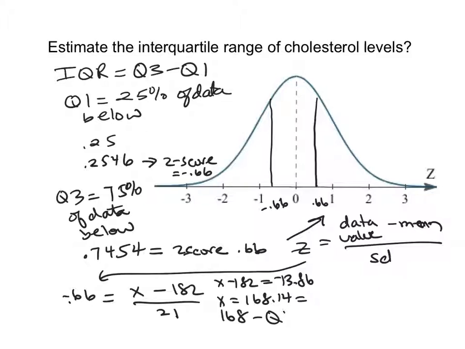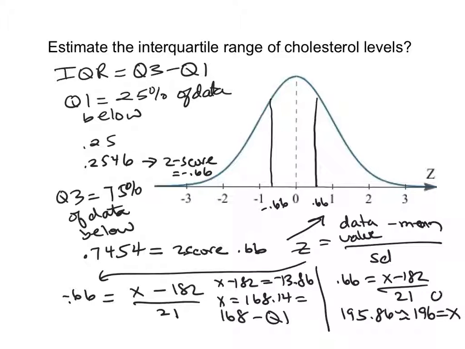So this is my quartile 1. Then I'm going to do the same thing for my quartile 3. So my quartile 3 is 0.66 equals X minus 182 over 21. And if I solve that equation, I end up getting 195.86, which I'll round to 196.